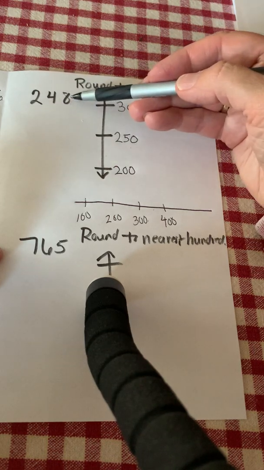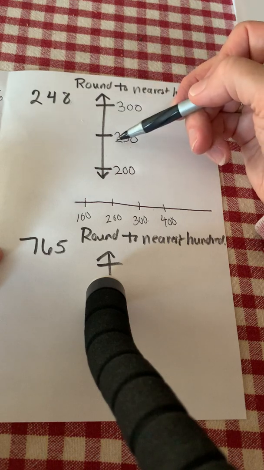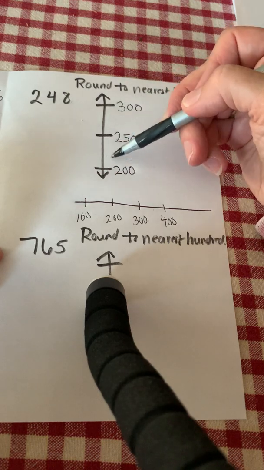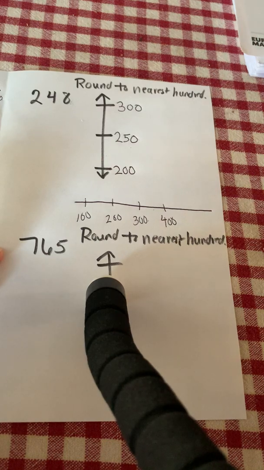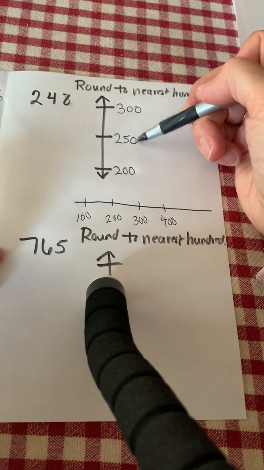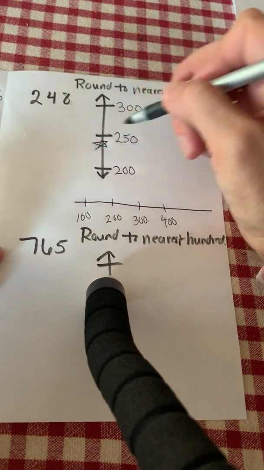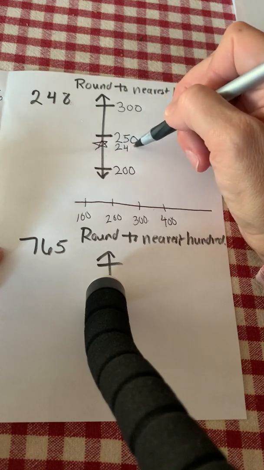Would this number be bigger than 250 or less than 250? 248 is less than 250, but not by a lot, so it would be really close. It would be right about there. 248.